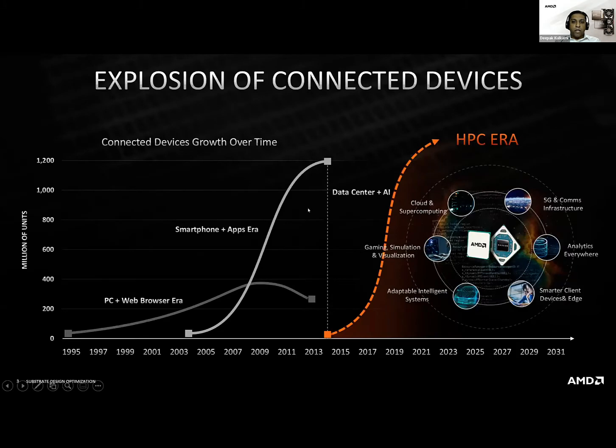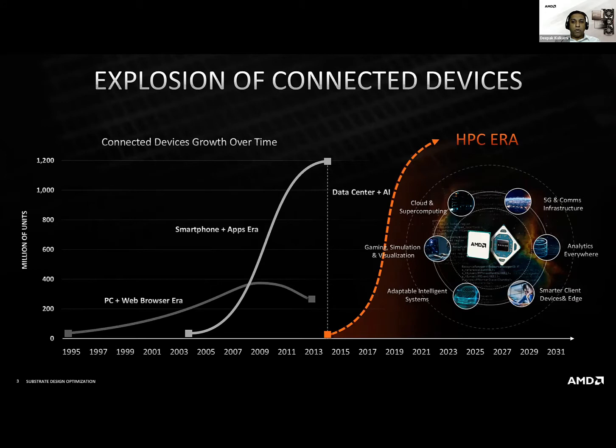I think the audience here is aware that we've been going through several transformations as it comes to semiconductors. As we ramped from the PC to the smartphone era, we saw a significant increase in the number of devices and the demand from a computing perspective.